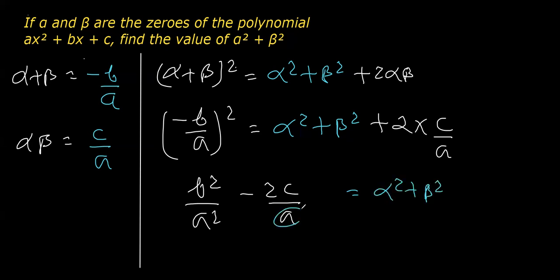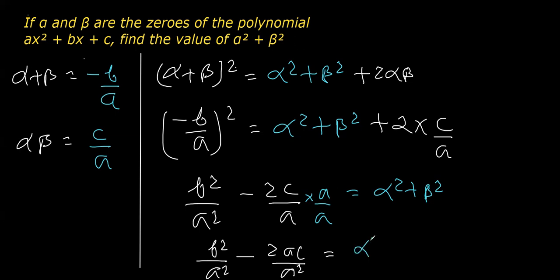I can see that we need a here, so we'll multiply by a and divide by a, so we can write this as a by a, which gives the same LCM. Now we'll get b square over a square minus 2ac over a square is equal to alpha square plus beta square.